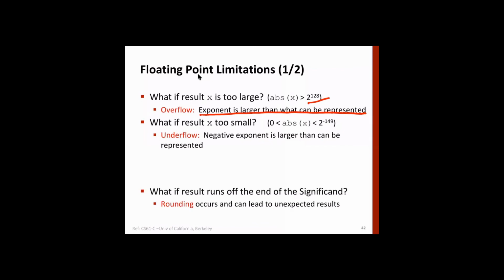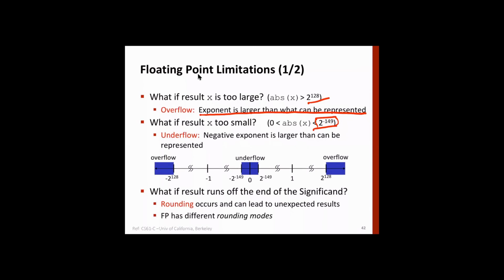If we want to represent a number which is less than 2 raised to the power minus 149, then the condition is called underflow. This region is underflow, and something more than 2 raised to the power 128 is overflow. Similarly, something less than minus 2 raised to the power 128 is again overflow on the negative side.